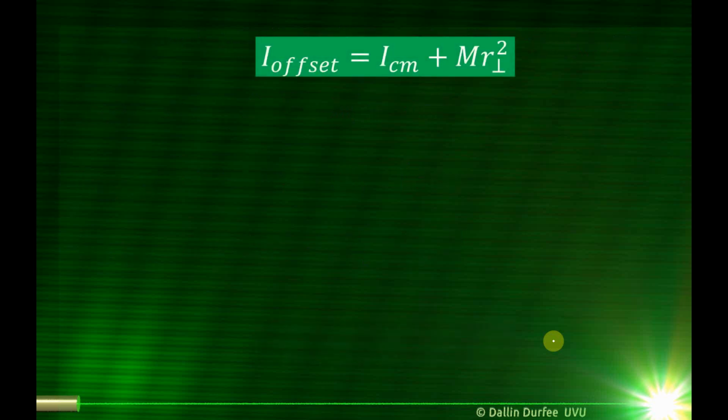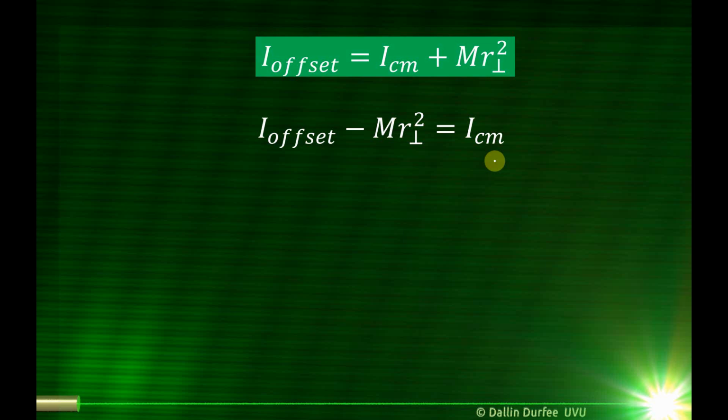Now, you can also solve this for I center of mass. If I know the moment of inertia about some point, and I know how far that point is from the center of mass, I can subtract m r perpendicular squared from both sides to move it to this side of the equation, and now I have an equation that will tell me the moment of inertia about the center of mass.